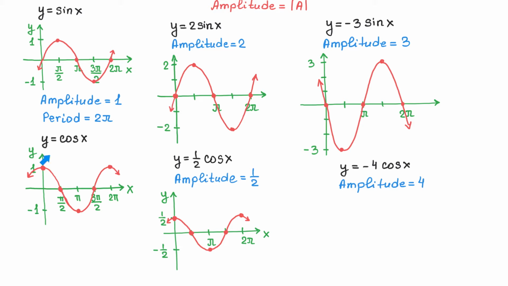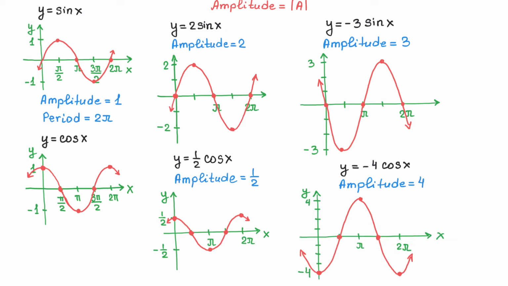So if in the function y equals 1 cosine of x, the graph crosses the y-axis at 1, and in the function y equals 1/2 cosine of x, the graph crosses the y-axis at 1/2, then in this function, the graph will cross the y-axis at -4. Now let's see the graph. So here we have it, and as you see, it passes the y-axis at -4, and the highest value is +4.